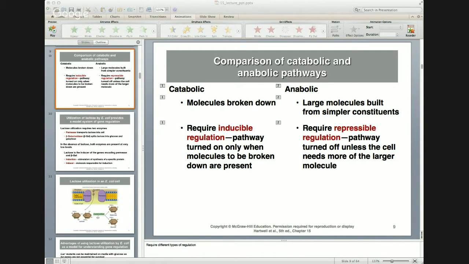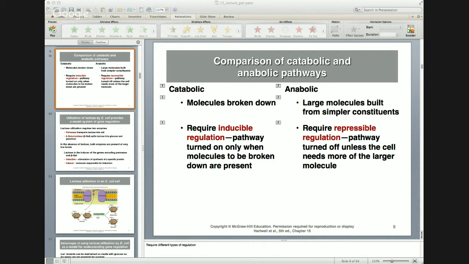Okay, so be sure you understand the difference between repression, how the lac operon is repressed, and how it's induced. So the lac operon is repressed when no lactose is present. The repressor will bind to the operator site and in essence block, I should say, block the RNA polymerase from binding to the promoter. That's when lactose is absent. When lactose is present, it acts as an inducer of the operon.